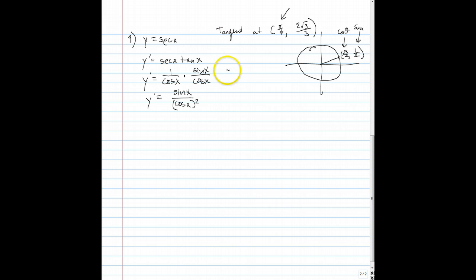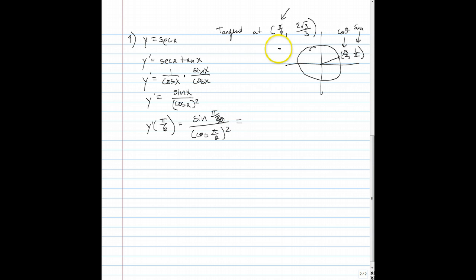So now we want to figure out the slope of this tangent line at the point pi over 6, 2 root 3 over 3. So we have to take this pi over 6 and evaluate our derivative function at this x value. So y prime of pi over 6 would be the sine of pi over 6 over cosine of pi over 6 squared.